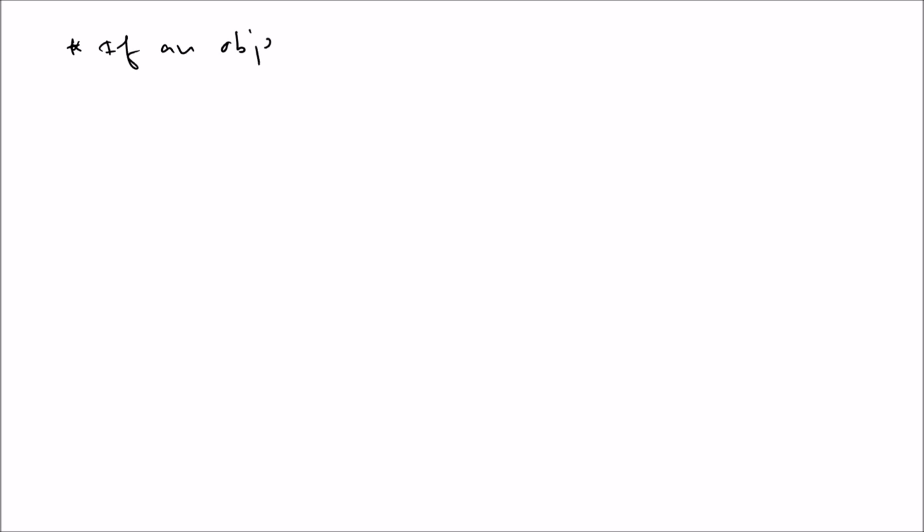So one of the major applications would be, let's say an object is moving along a straight line. If not a straight line, the calculation will be a little more difficult.